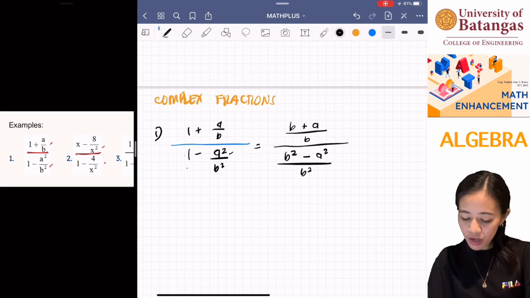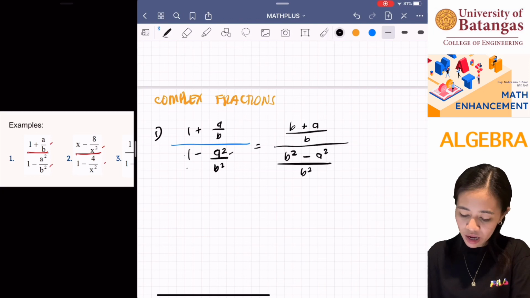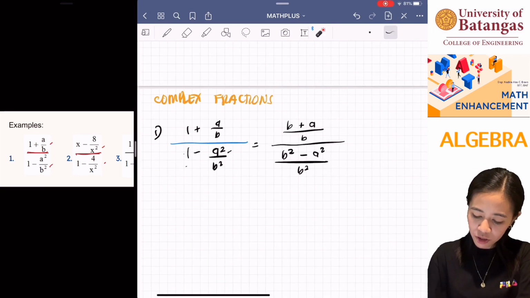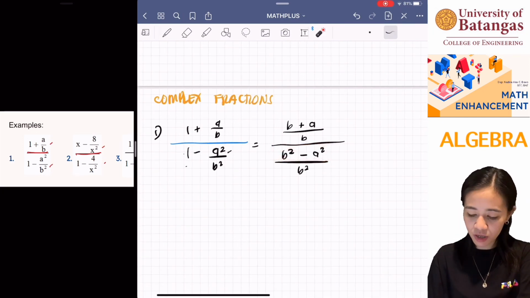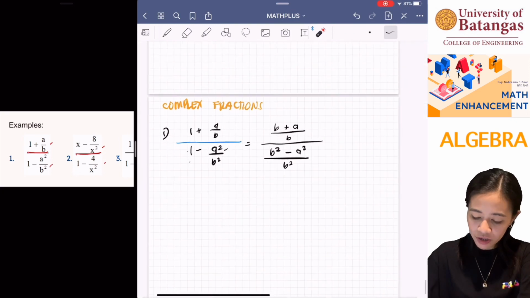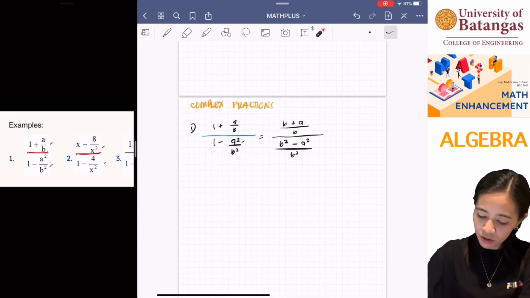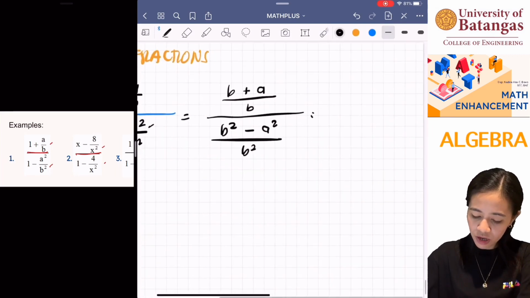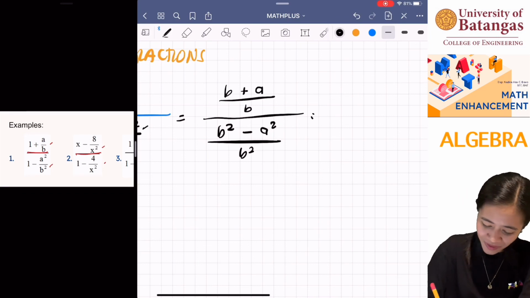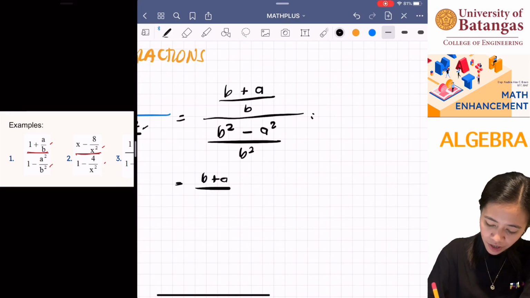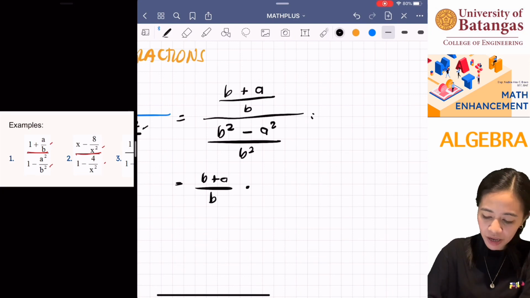Okay. And then you will notice that this particular numerator here, I can factor that out because it's a difference of squares. Pero, simultaneously doing that, pwede ko nang, ano bang gagawin natin? Pwede na natin gawin tong b plus a all over b multiplied by, kasi division, di ba?